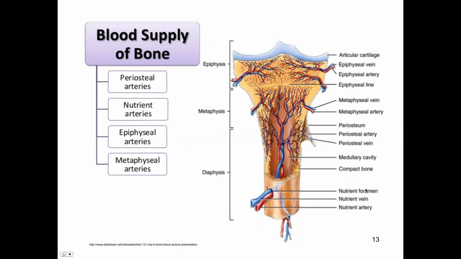So the blood supply of bones includes periosteal arteries, nutrient arteries, epiphyseal arteries, and metaphyseal arteries, depending on where they're extending into the bone network. And you don't see this in lab. You look at the bones in lab, and some of the bones are real bone, all right?